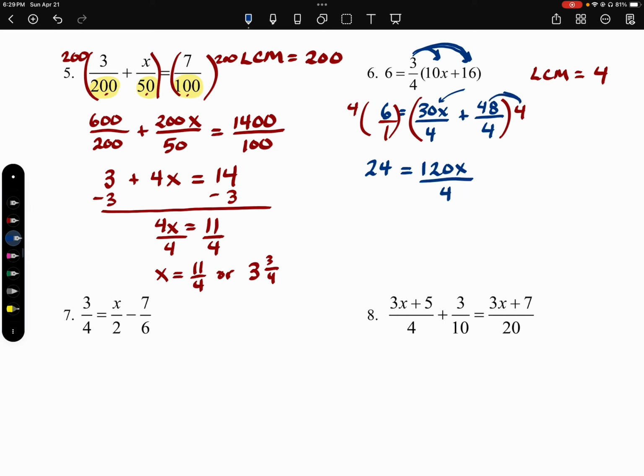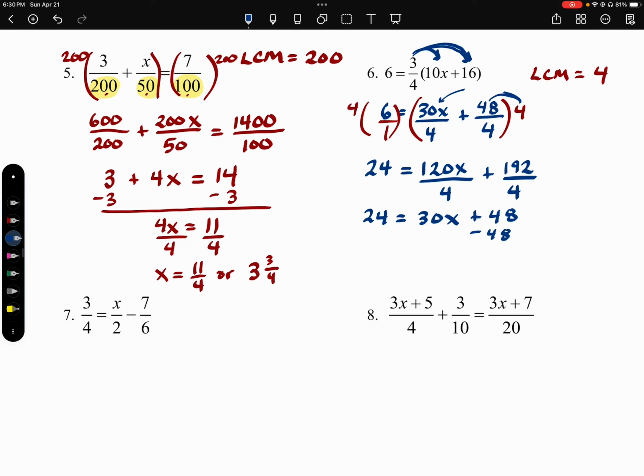And then 4 times 48 is going to end up being, let's see, 192, still over 4. Okay, and then we'll just reduce those. We have 24 is equal to 30x, and then 192 divided by 4 should be 48.